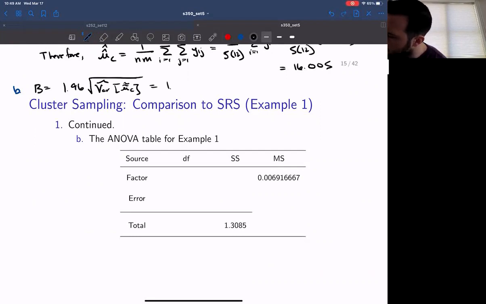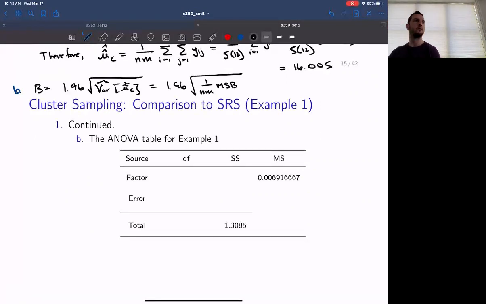So that's going to be 1.96 multiplied by the square root of 1 over n times m of the MSB. And that's from equation 10.